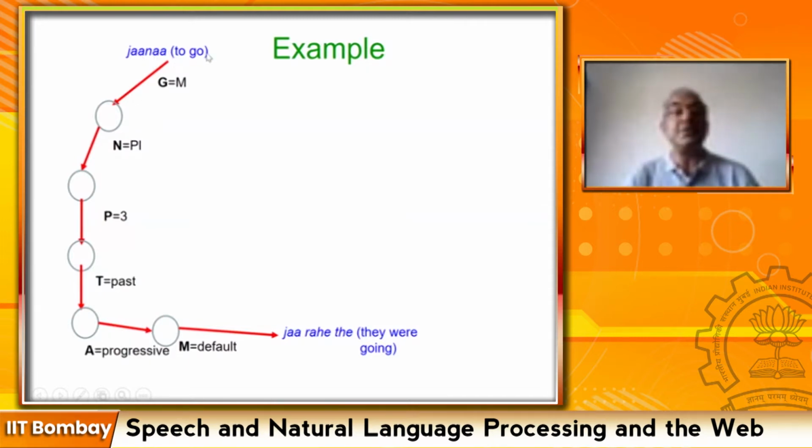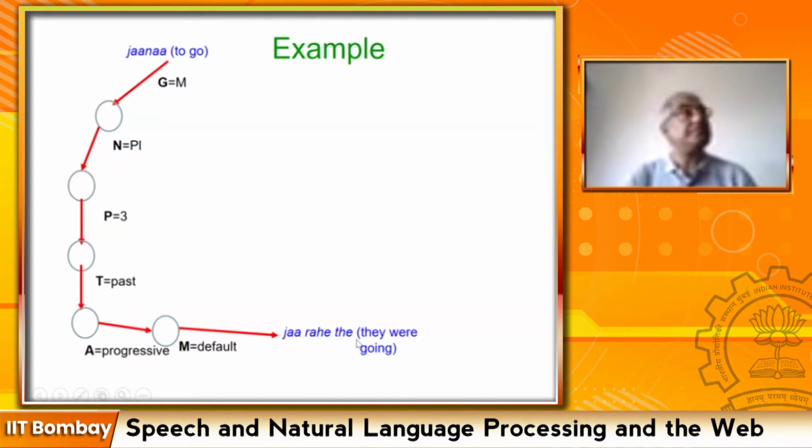So if I take jana, to go, then for masculine gender, G equal to M, number as plural, person as 3, tense as past, aspect as progressive, modality as default, I see ja rahe the is the form that results from jana with these values of gender, number, person, tense, aspect, modality. So they were going, ja rahe the.